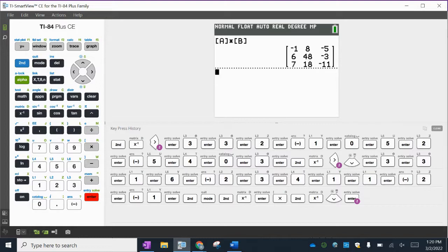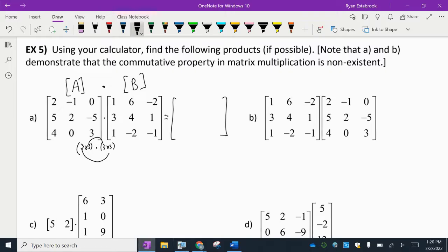And the matrix is going to look like that. So letter A, that's what we get when we multiply the first matrix by the second.